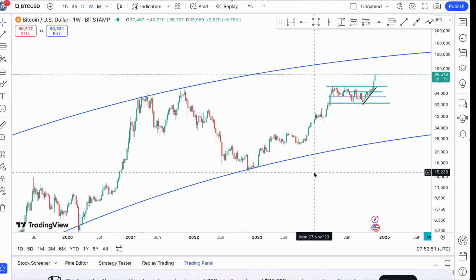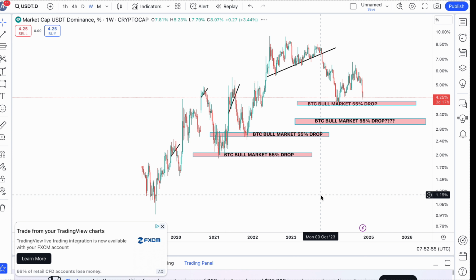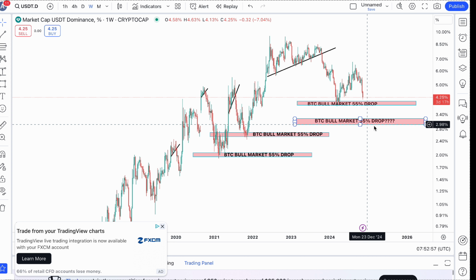And the same with USDT dominance. Oops, wrong chart. If we look at USDT dominance, once USDT dominance hits this level here, why would you even look for more positions? Just take your profits, bro.